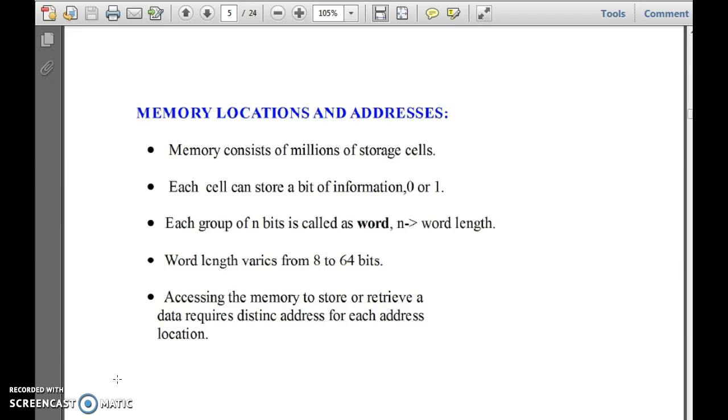And as I said, memory consists of millions of storage cells, and each cell should have some address for accessing. Only inside that particular cell the instruction will be stored, and to access the particular instruction in a particular cell, we should give its own address.